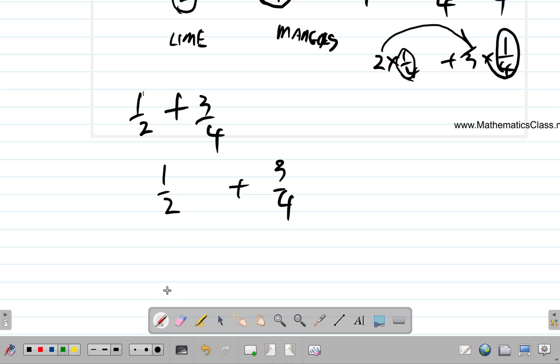You want quarter plus 3/4. If you have 2/4 plus 3/4, you have 5/4. If you have 3/4 plus 3 more quarters, you have 6/4. If you have 4/4 plus 3 more quarters, you have 7/4. You want quarter over here, so plus quarter over there.